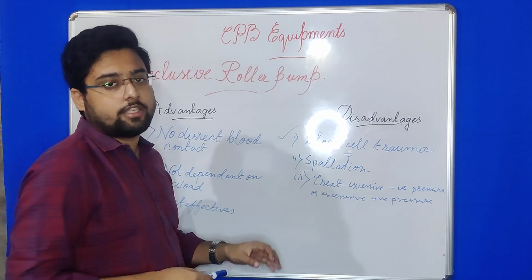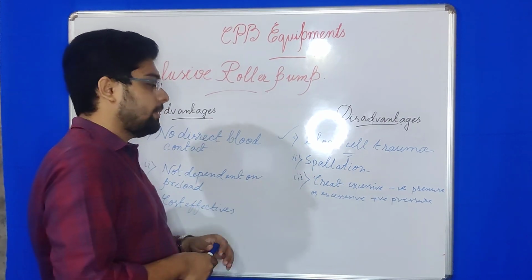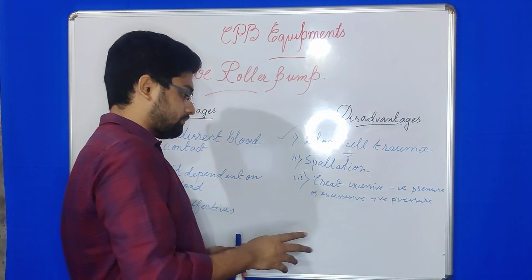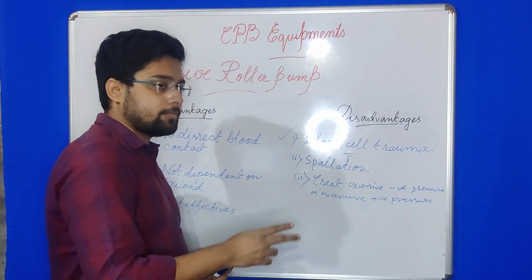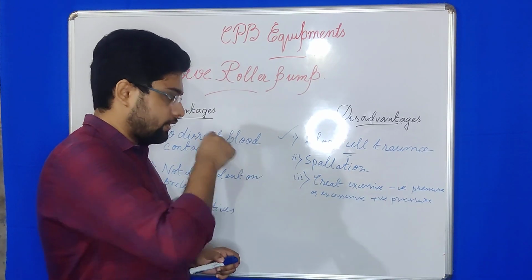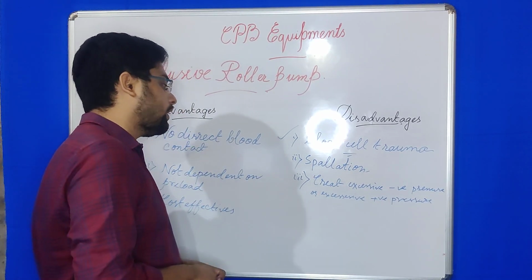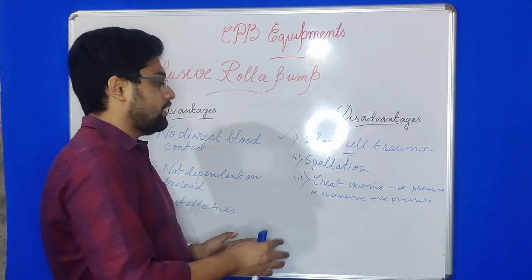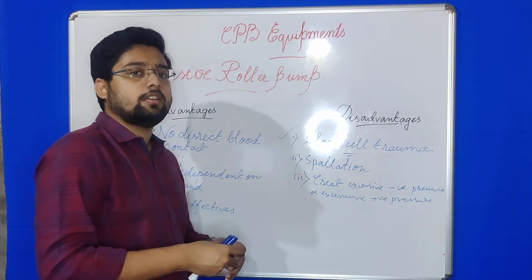Assume any part of the tubing is occluded mechanically by your hands, or by mistake we have put some clamps on the tubings and we have run the roller pump. Then what will happen? It will create excessive positive pressure and the tubings will rupture.